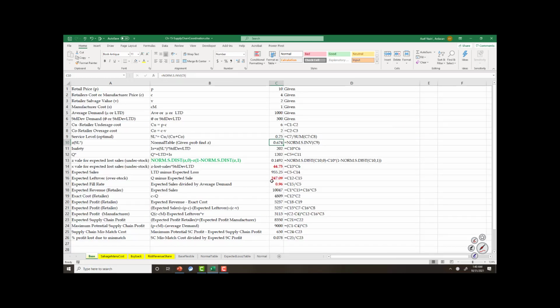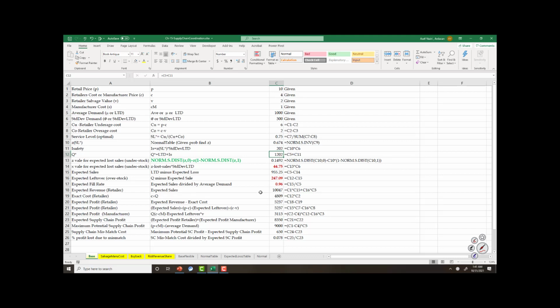This tells us you go 0.674 standard deviation to the right in order to improve your service level from 50% to 75%. And then if you multiply it by standard deviation of demand, we get 202. That is our safety stock. If we add it to the demand, that would be the quantity we order.